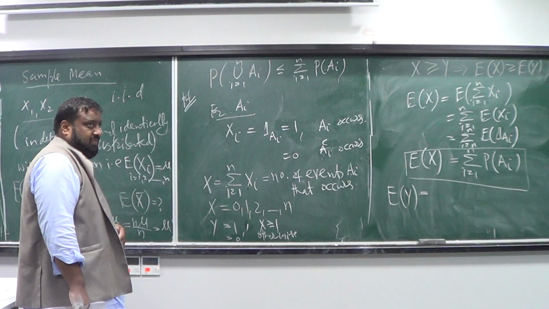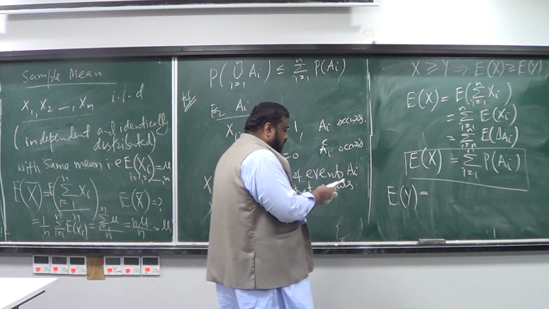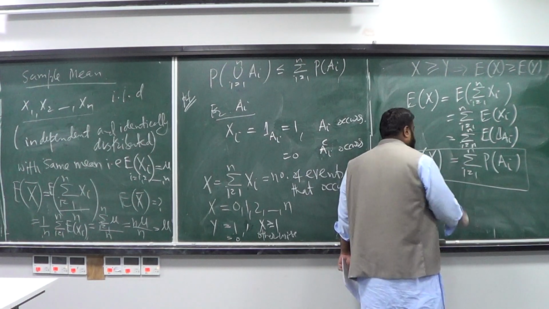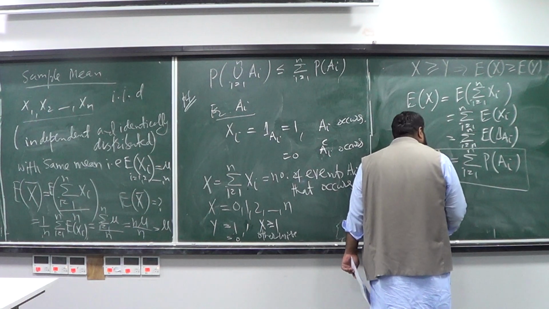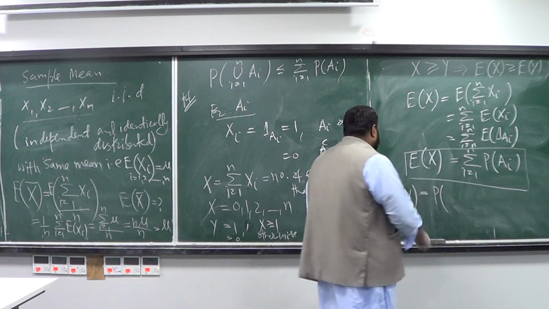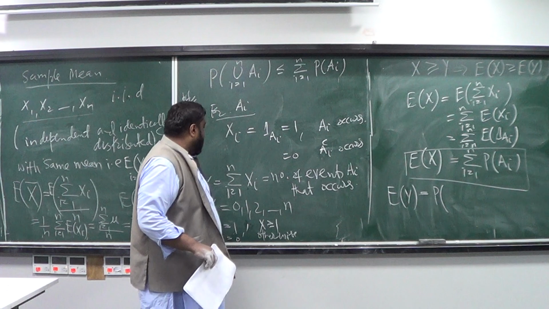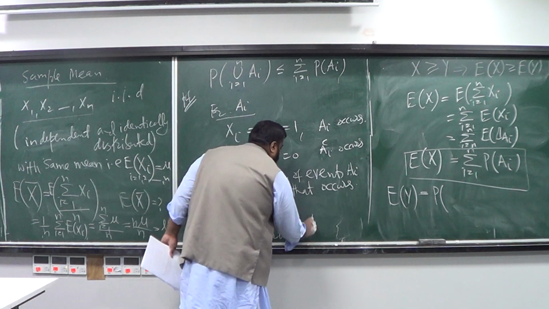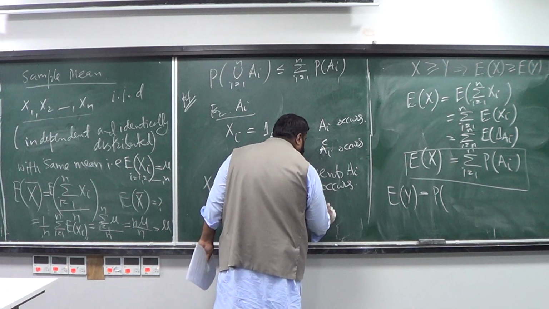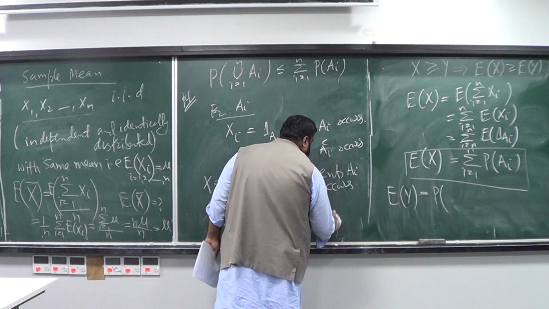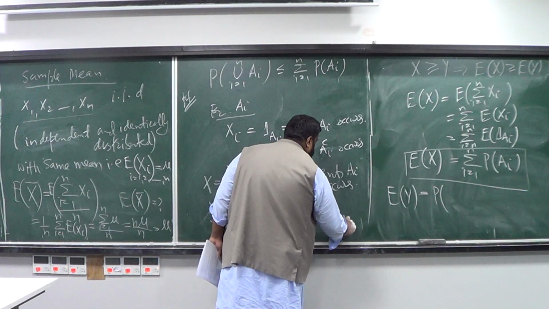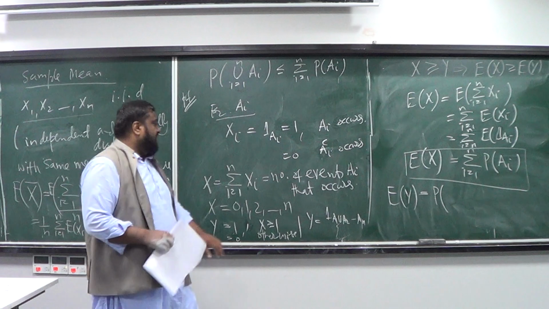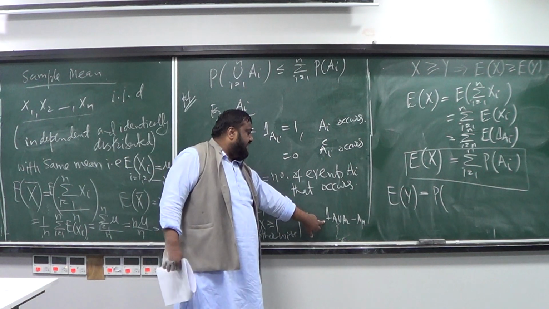So Y is actually the indicator function of A1 union A2 union ... union An.